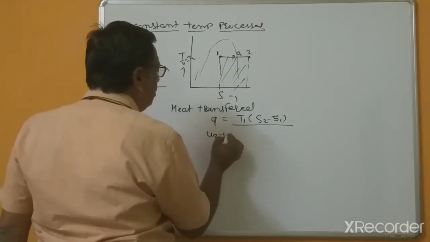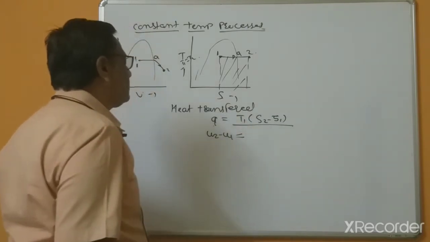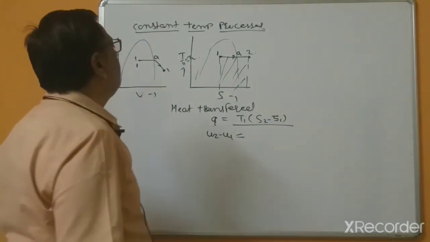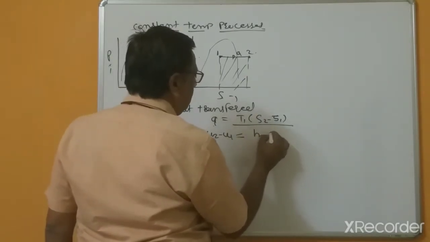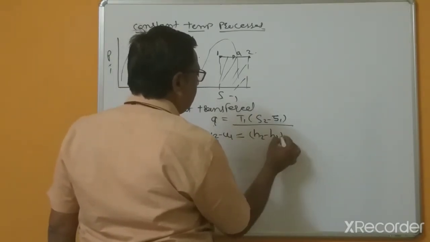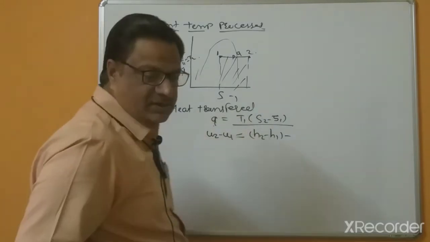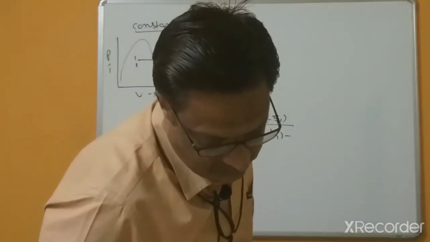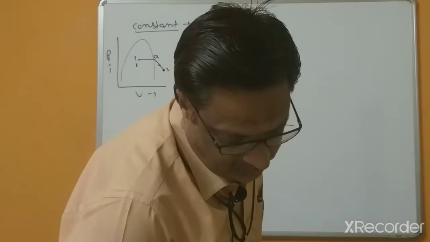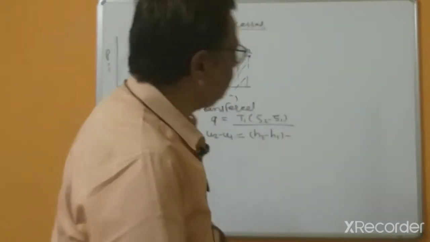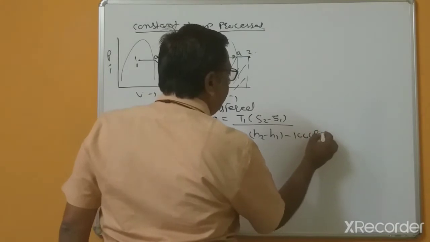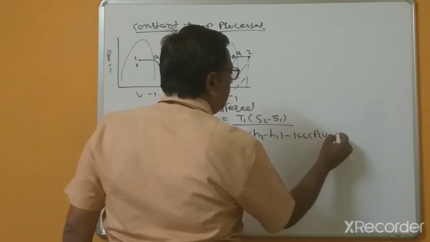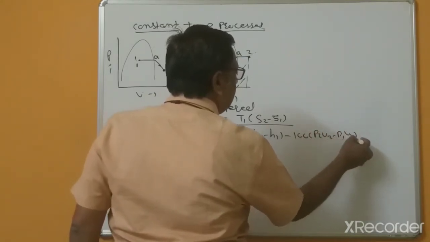And U2 minus U1 equal to, actually this is H2 minus H1 minus (P2 V2 minus P1 V1).